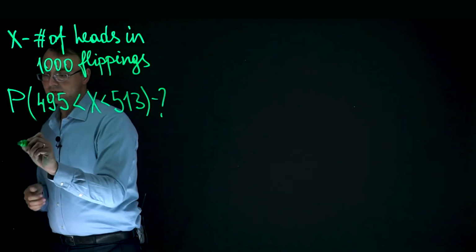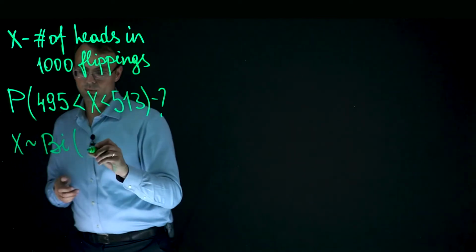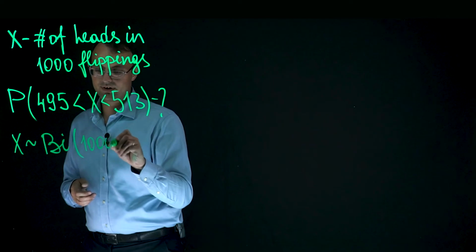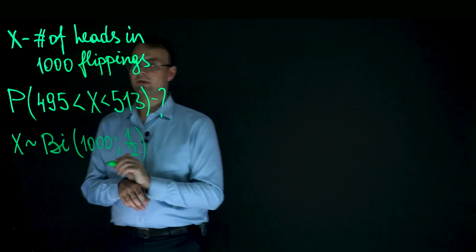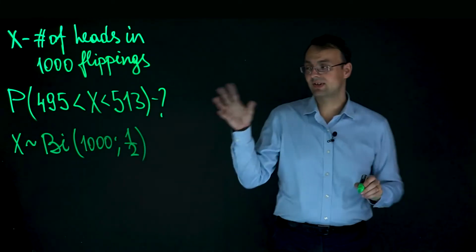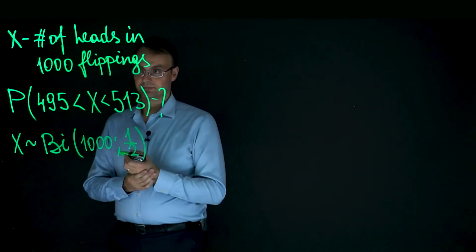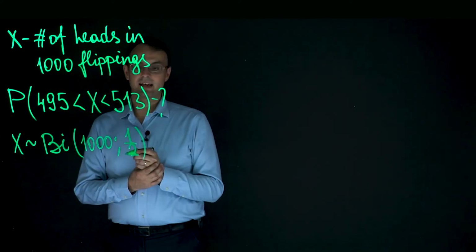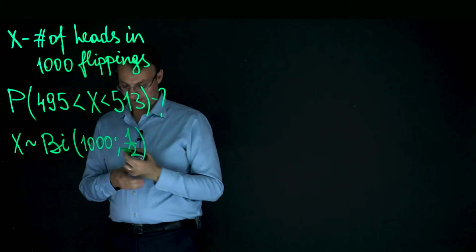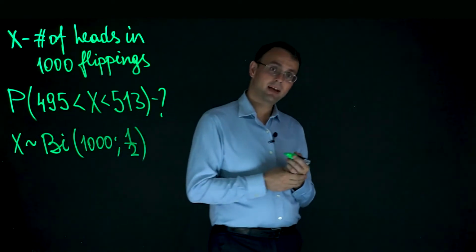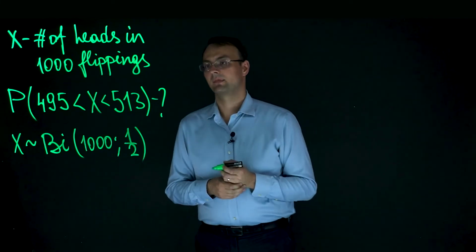So x has binomial distribution with parameters 1000 and 1/2, where 1/2 is the probability of a success in each single trial. So 1000 is big enough to apply the de Moivre-Laplace theorem.